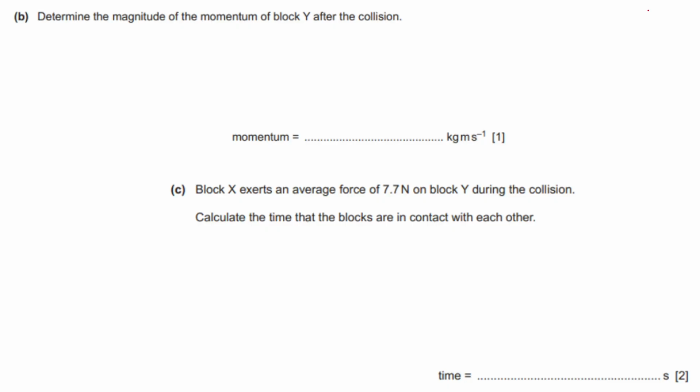Now for part B, determine the magnitude of the momentum of block Y after the collision. Since I have a bad short-term memory, I have to redraw the diagram to make sure that I'm doing it correctly.